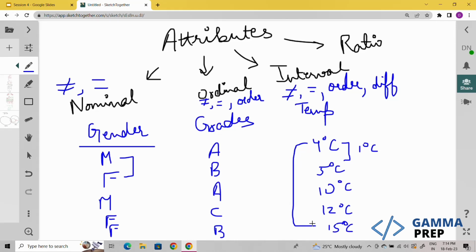So you can also find the difference, and the difference carries a logical meaning. That is, this is a very small difference, here this is a very large difference. The temperature has changed drastically from day 1 to day 5. So in interval, you can figure out whether the 2 attribute values are equal or not, you can order them, and you can also find the difference between the 2 attribute values, and this difference is logical.